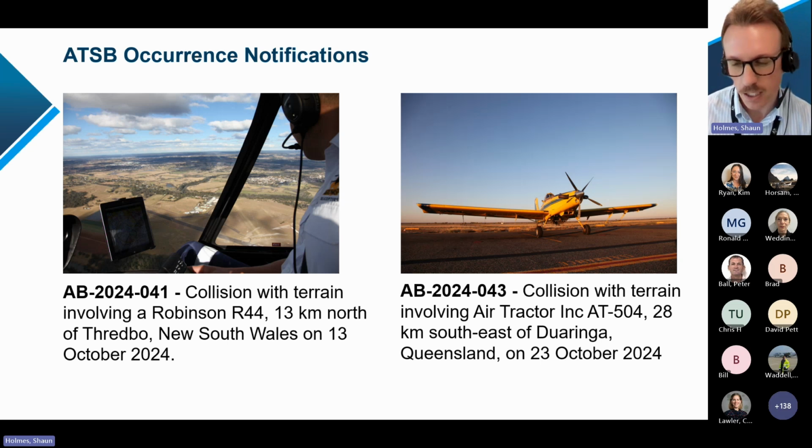Now, continuing that discussion about those loose items in the cockpit, the air tractor occurrence notification is not specific to an EFB, but also a good reminder about those loose items in the cockpit and the potential safety aspects there as well. So the air tractor was on approach to land at a private landing area in Queensland. A water bottle fell onto the floor in the cockpit and rolled in front of the co-pilot's left rudder pedal. The pilot decided to abort the landing and climb to a safe altitude to try and retrieve the bottle before attempting another approach.